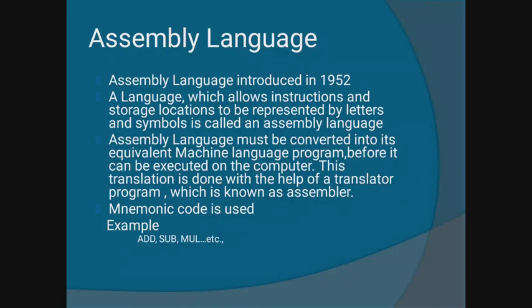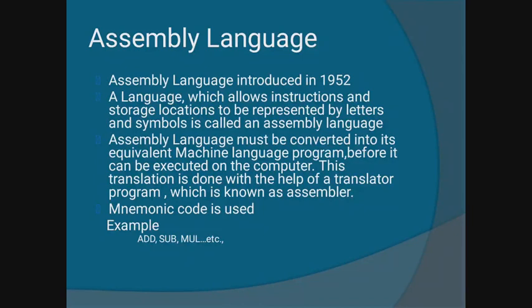So we convert assembly language into machine language through a translator. We need a translator to convert assembly language to machine language. Such a translator is called an assembler. We use the assembler to translate assembly language to machine language.